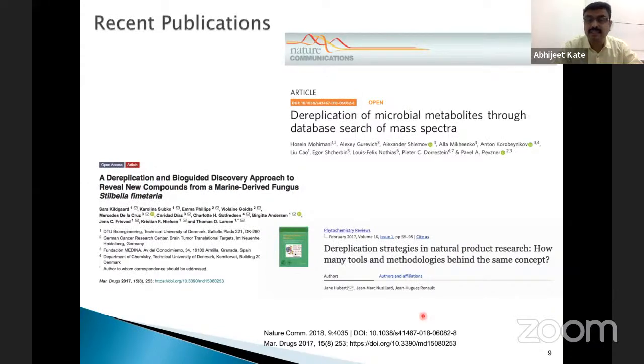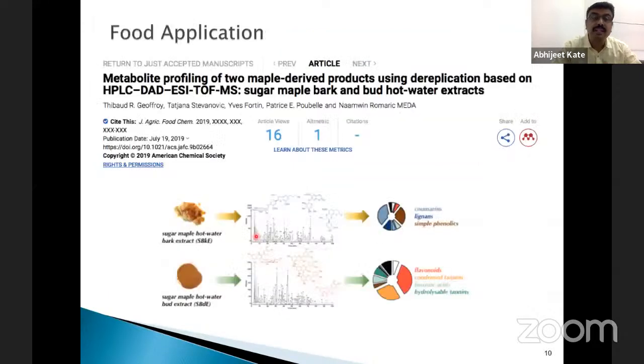So for example, this is related to metabolites. This is again related to new compounds, microbial research. Well, this is food application. They are using this strategy to find out the compounds or metabolites present in this particular maple extract.